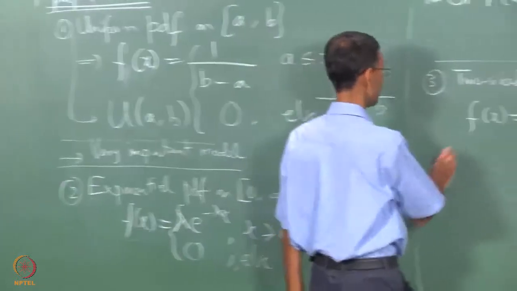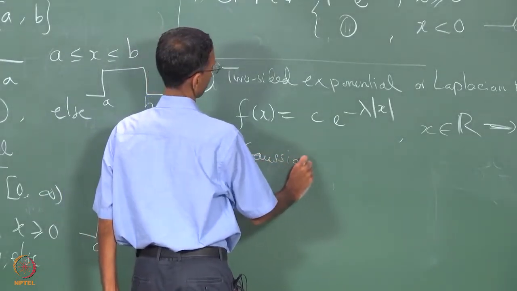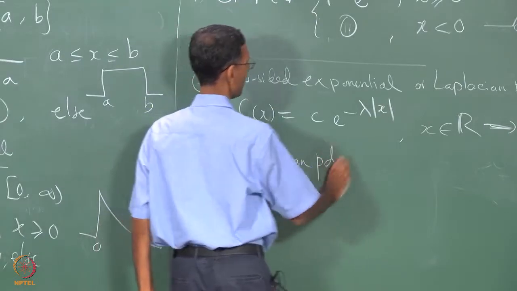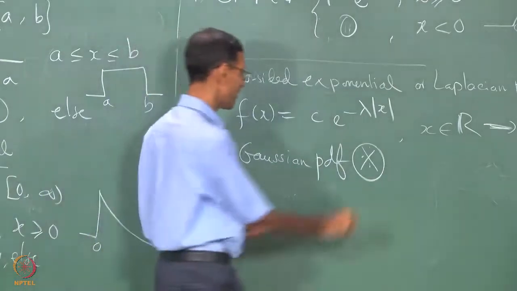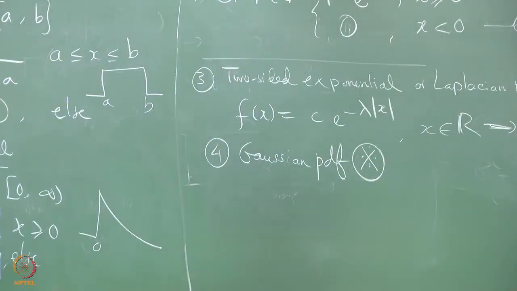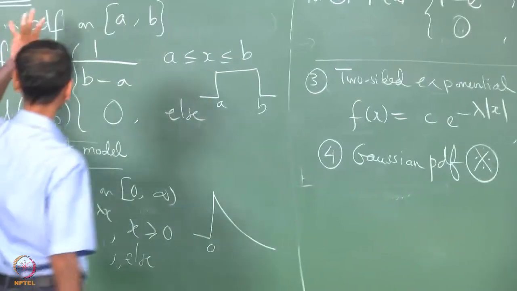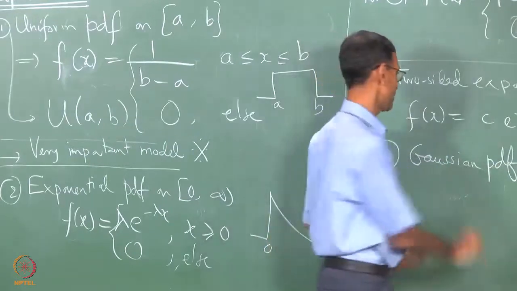Okay, let me look at Gaussian next, the very important one. So I have to do this for a Gaussian piece. The famous sign that we use. This is very important. This is also extremely important.